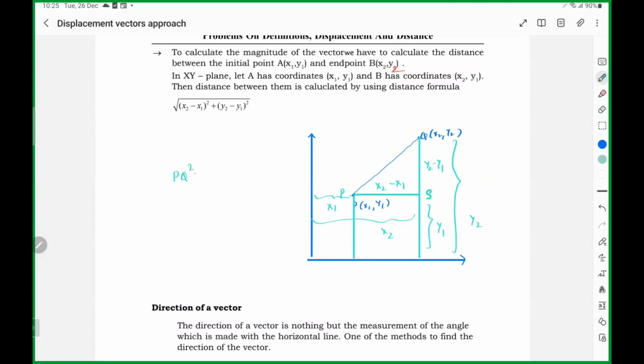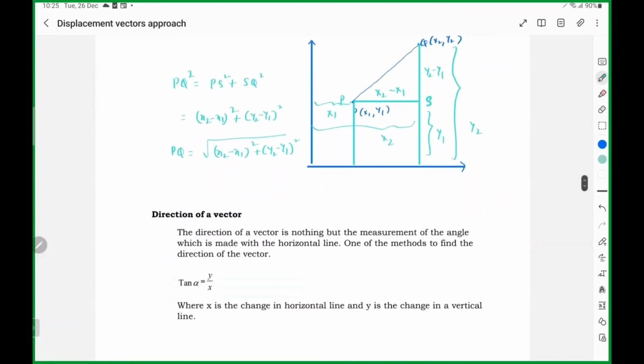By Pythagoras theorem, PQ will be the square root of (x2 minus x1) whole square plus (y2 minus y1) whole square. This is nothing but the distance between 2 points, which we call the magnitude of vector PQ.